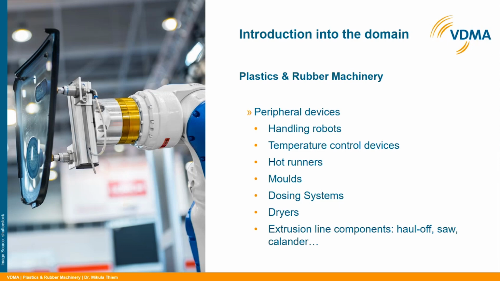And there are, for example, handling robots for insert and take out of products from the machine, temperature control devices, which are very important because almost every production process with plastic involves heat and temperature. Then there are hot runners, which are often combined with the molds. A dosing system for the correct dosage of raw material into the machine, dryers for the material condition, and much more like the extrusion line peripheral devices like haul-off, saw, calender, corrugator. There are much more.